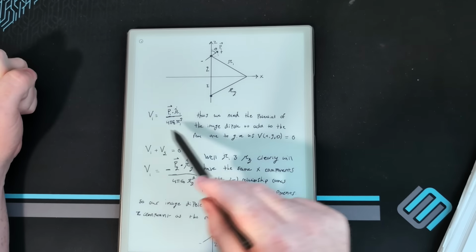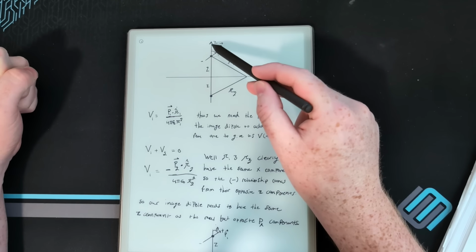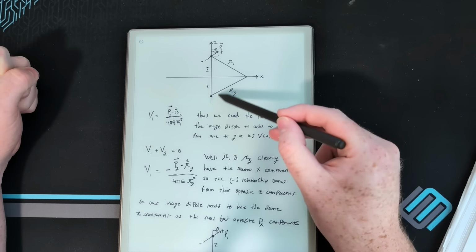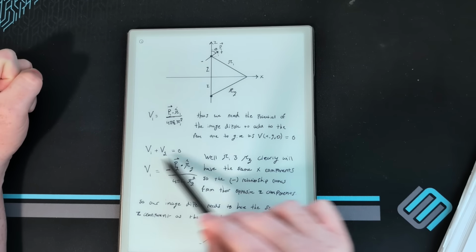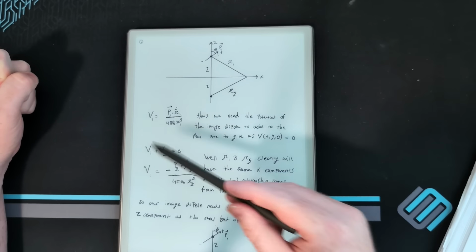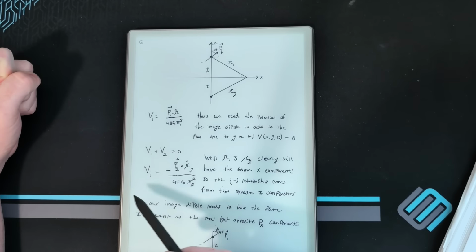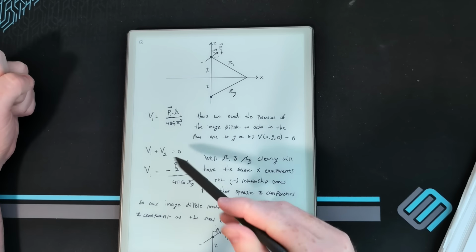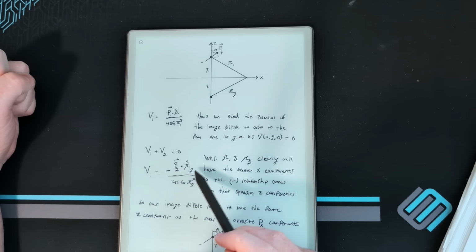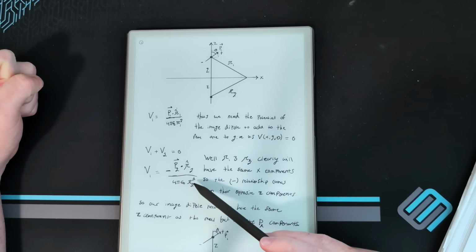So V1 is the potential of our real dipole. V2 would be the potential produced by the image dipole. So what we want is V1 plus V2 to be 0, which means that V1 needs to be the negative of P2 dot R2 over 4 pi epsilon naught R2 squared.